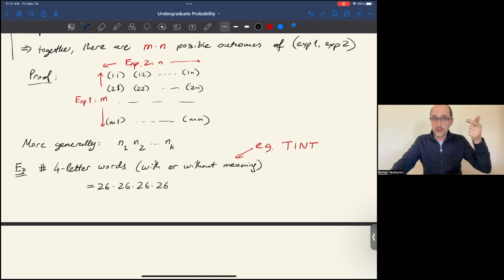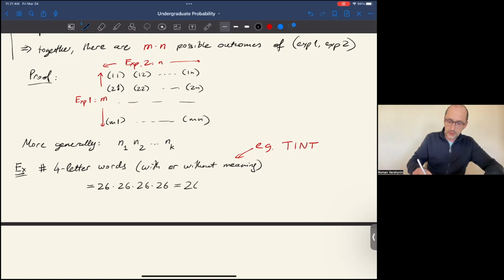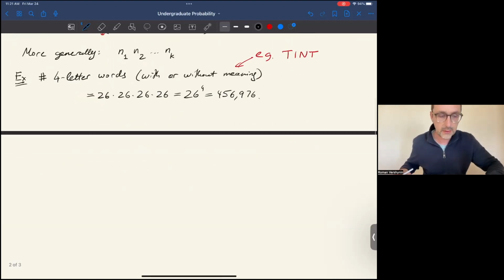For each selection of letter 1, there are 26 possible selections of letter 2, and so on and so forth. And that's why we multiply that. And the answer is 26 to the power of 4, which I put in the calculator, and the result is 456,976 possible 4-letter words. Got it?